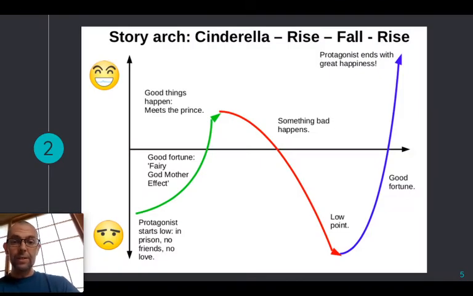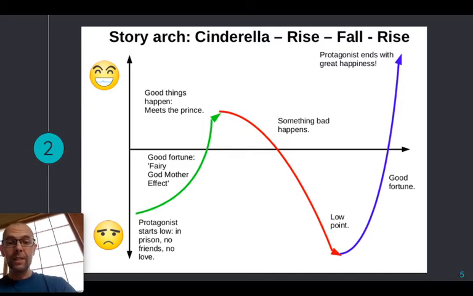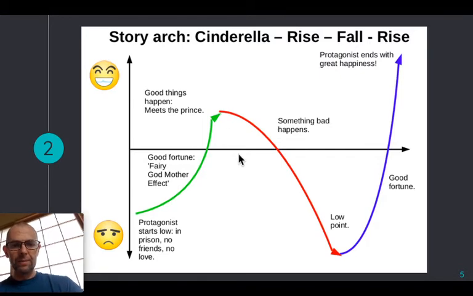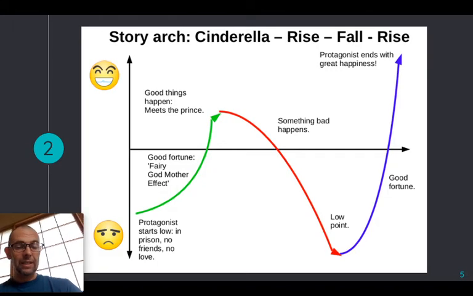The next type that's really common is the Cinderella story type. If you're familiar with Cinderella, at the start, Cinderella, our protagonist, starts in a fairly bad situation. She's not particularly well looked after by her stepsisters, and then she has some good fortune. The fairy godmother comes in and gives her the chance to go to the ball. More good things happen.